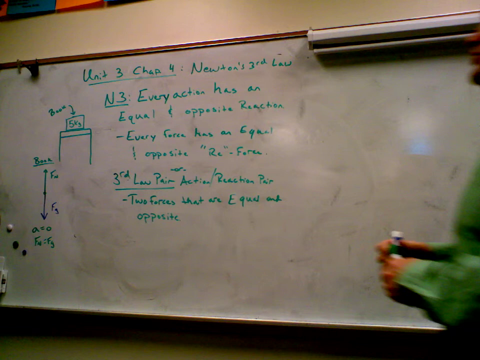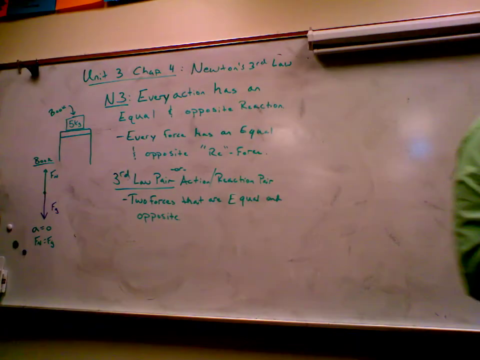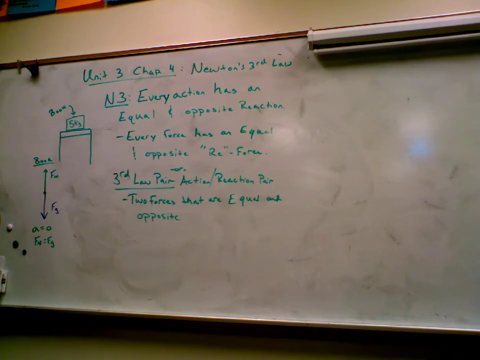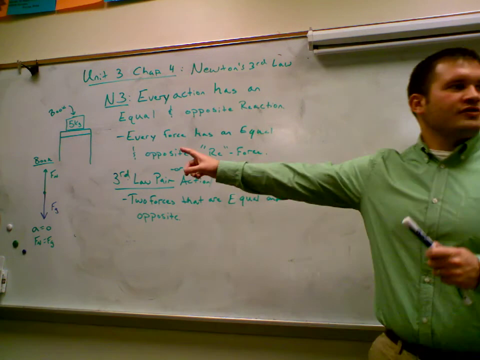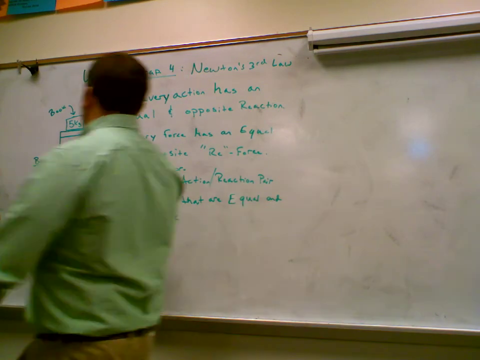To figure out the third law pair, we have to draw another free body diagram. What's that free body diagram look like? Or what's it for? Okay, guess? The table. We already have one for the book. Okay? We have to draw a free body diagram for the table.